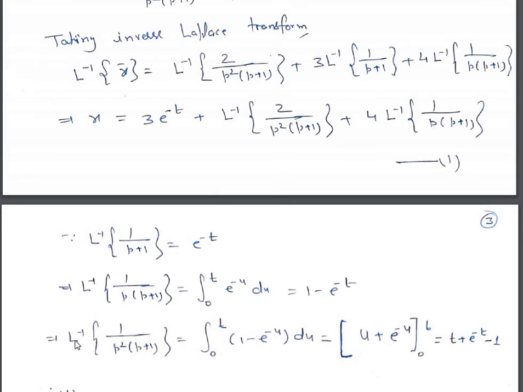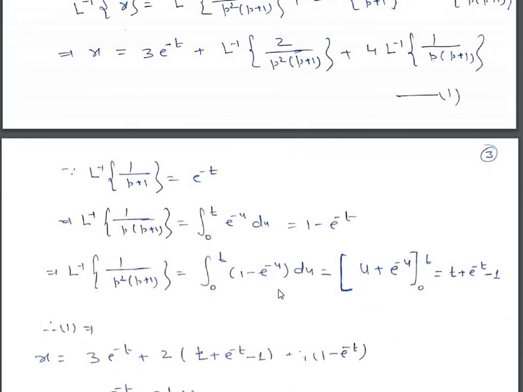Again dividing by p, so L inverse of 1 upon p square into p plus 1 is integral 0 to t 1 minus e to the power minus u du. Integration of 1 is u, integration of e to the power minus u is minus e to the power minus u, so it becomes plus, limit 0 to t, which is equal to t plus e to the power minus t minus 1. So therefore now you put these values here in equation number 1.